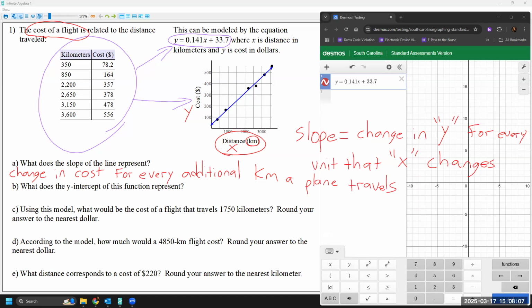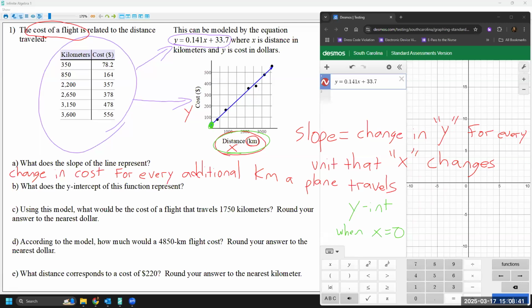It says, what does the y-intercept represent? Well, y-intercept's right here. Should use a different color. There we go. Right there. And the y-intercept is when x equals 0. Well, again, x is our distance. So if my x is 0, that means my distance is 0. Well, in the context of my problem, if my distance is 0, that means the airplane's not going anywhere.